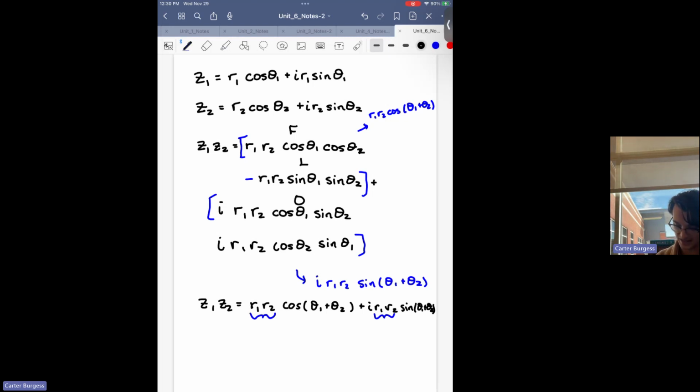This is the exact same as R1 times R2, CIS of theta 1 plus theta 2.